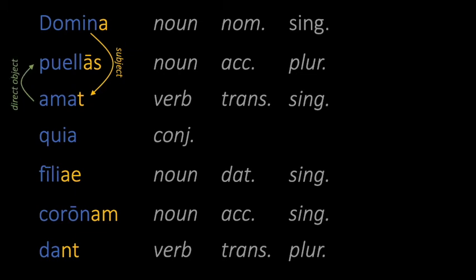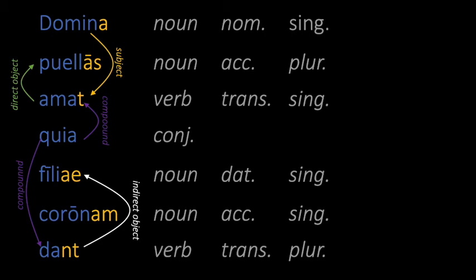Quia is a conjunction that combines two sentences into a compound sentence, so we'll note that with arrows that connect it to the verbs of each portion of the compound. Filiae, as a dative, would be the indirect object of a verb such as dant, which is the kind of verb that can accommodate an indirect object. Coronam, as an accusative next to a transitive verb, is likely to be a direct object.